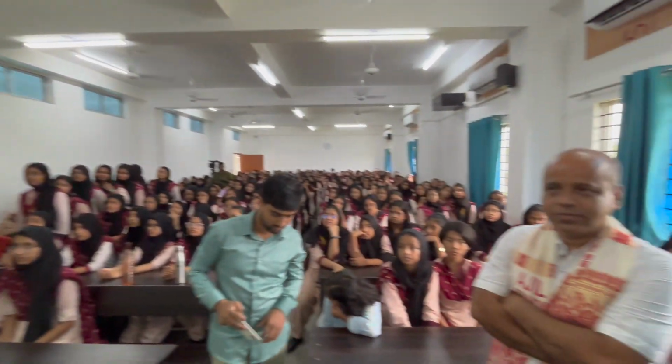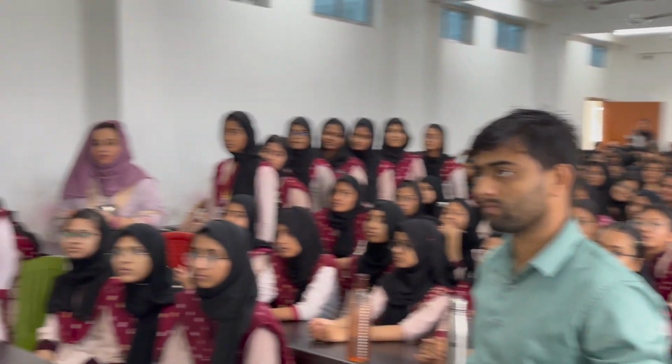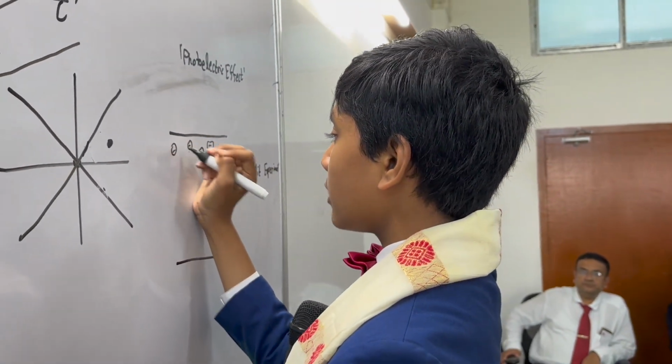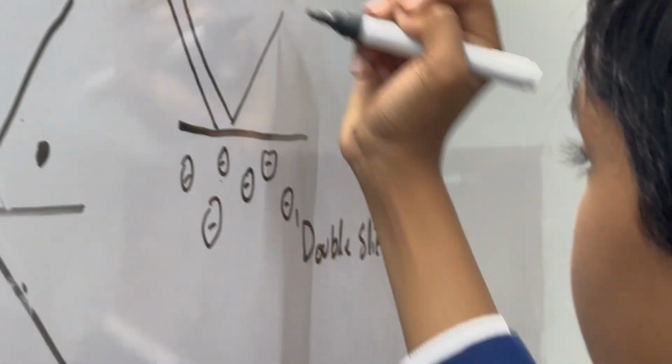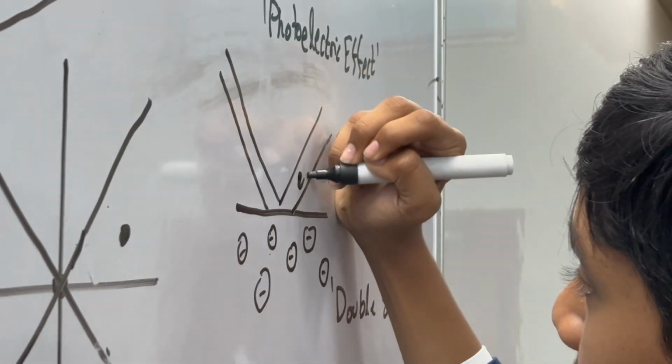So essentially, in the first one, all that happens is you have a metal surface, and metals are known for being very good conductors. So you have lots of electrons in this surface. And what happens is you shine a ray of light onto it, and the electrons have so much energy that they ionize and actually bounce off, creating a little electron ray.